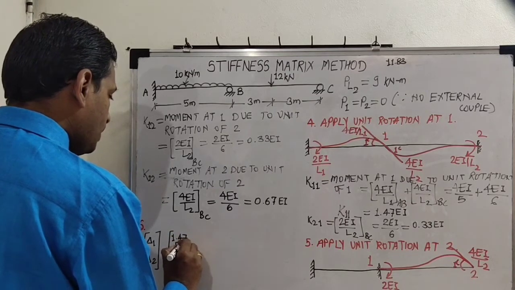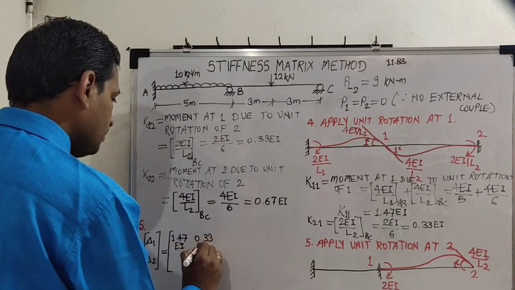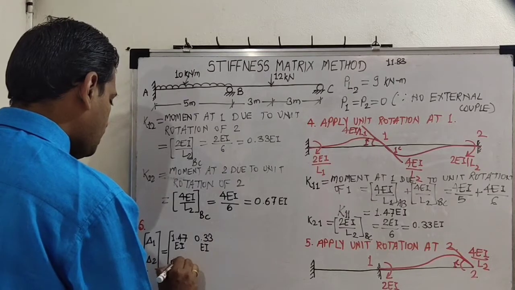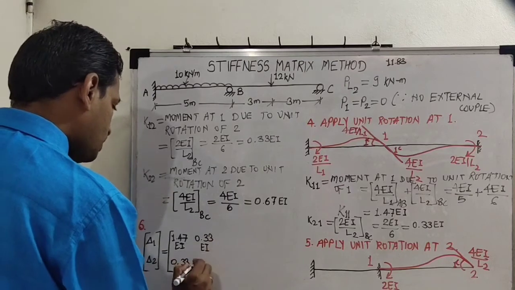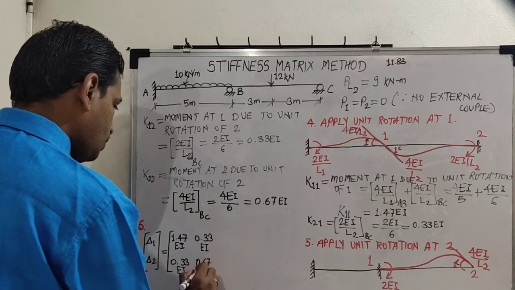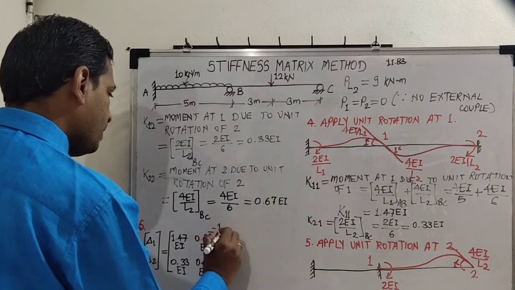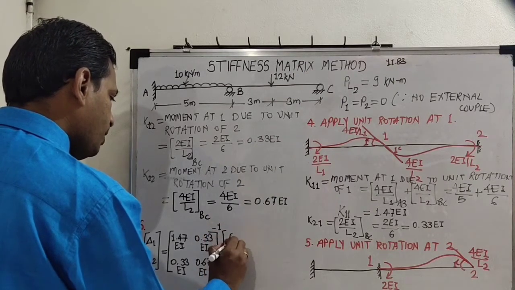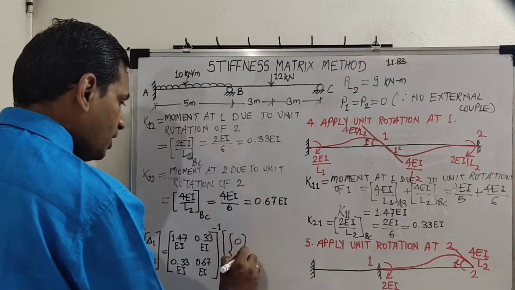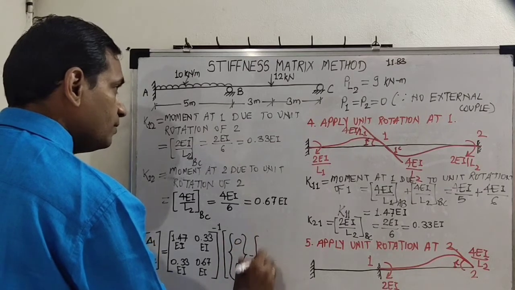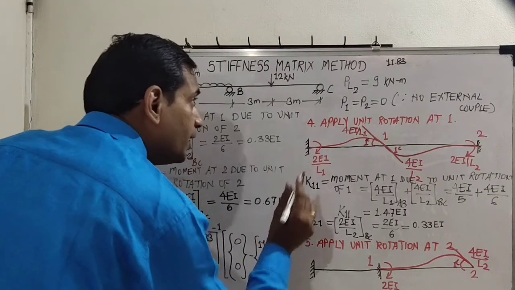Second value K12, 0.33EI. Then K21, again 0.33EI, and K22 is 0.67EI. So these are the stiffness matrix elements. We have entered them. Then the P1, P2 values. What are P1, P2? Both are 0. Then the PL values. The first value is 11.83. The second value is 9.